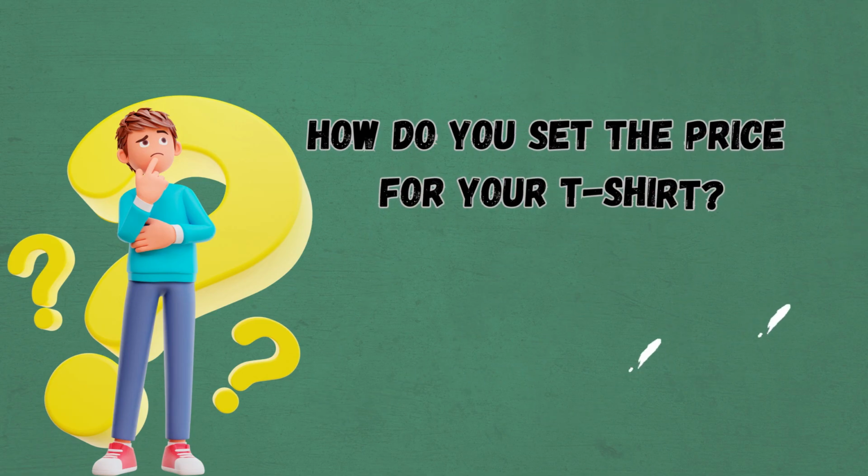But what if you get an order through your Facebook page or group or Instagram promotion? In that case, you will need to manually submit the customer's information to Printful. Now, an important question, how do you set the price for your t-shirt? As I already mentioned, all product details are available in the marketplace, including the base price.